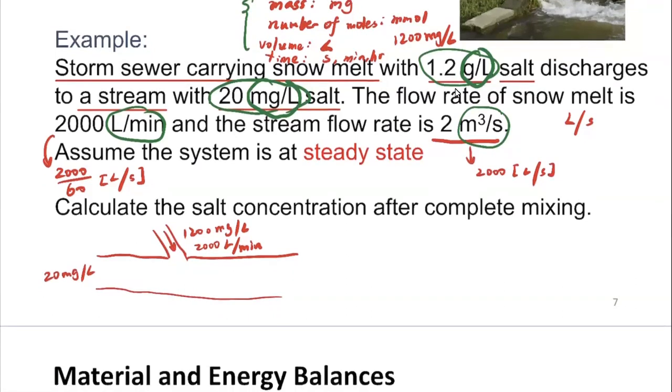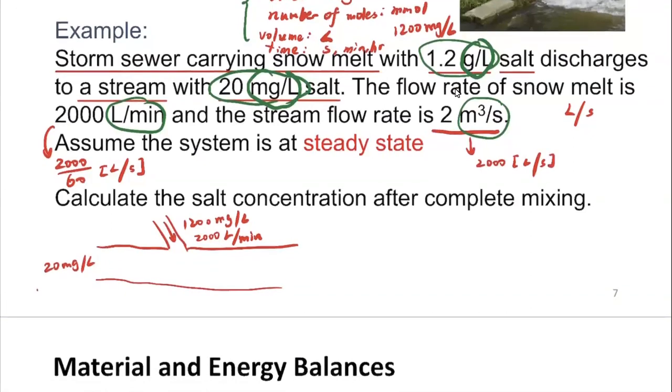All right, so the flow rate of the stream is going to be 2000 liter per second. For the salt water or the sewer water, that's going to be 2000 divided by 60 liter per second.